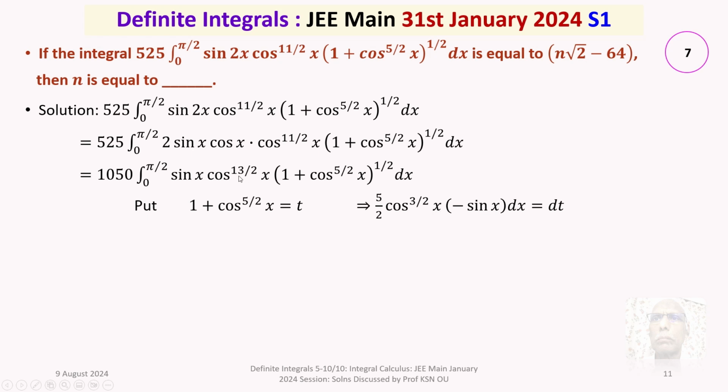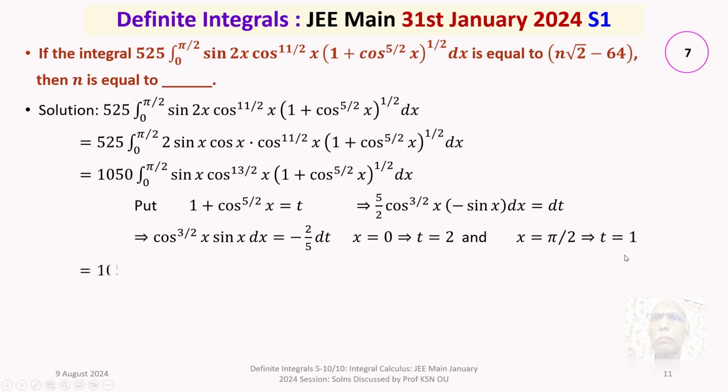Substitute. That will be cos to the power of 3 by 2 x into sin x dx, that will be minus 2 by 5 dt. And the limits will change. As x varies from 0 to pi by 2, t will change from 2 to 1.